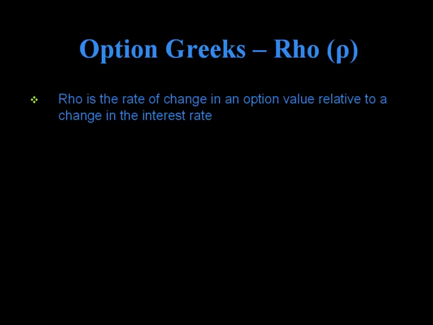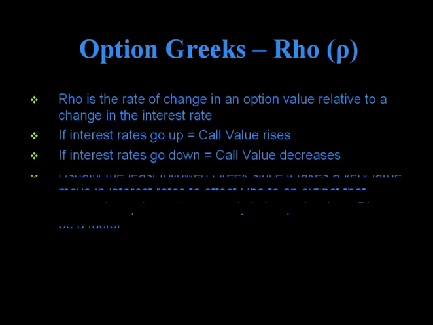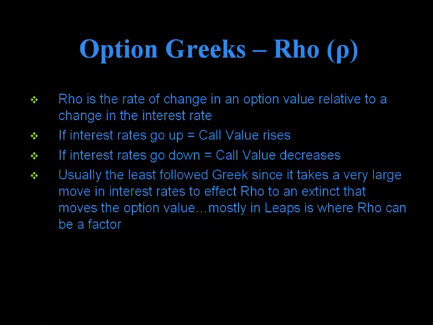Let's talk about Rho. Rho measures interest rates, and it measures the option value relative to a change in interest rates. If interest rates go up, call values rise. If interest rates go down, call values decrease. Usually, Rho is the least followed Greek, and the reason why is it's measured over the course of a year.